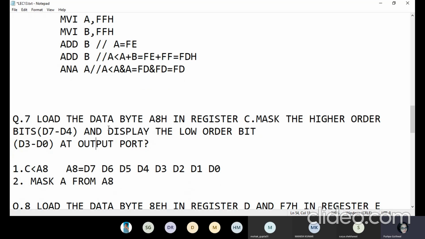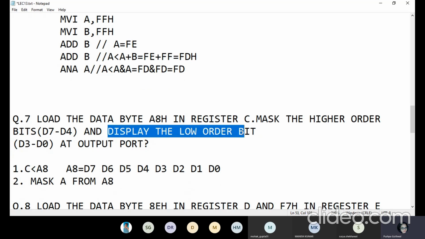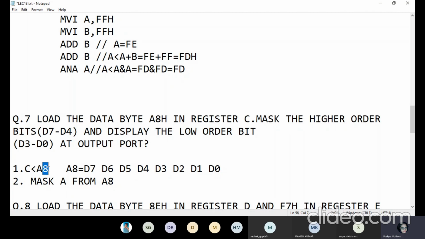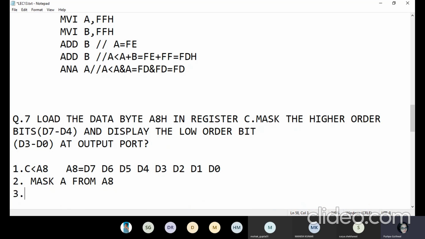And next thing they said, display the lower order bits. The lower order bits are this 8, so you have to display only this. The third part is to display the lower order bits at an output port, the lower nibble.